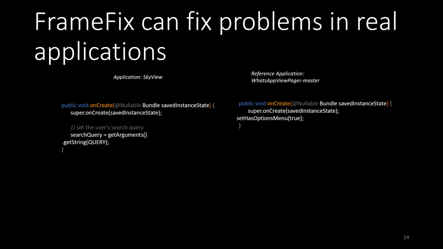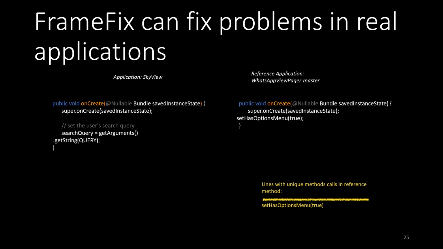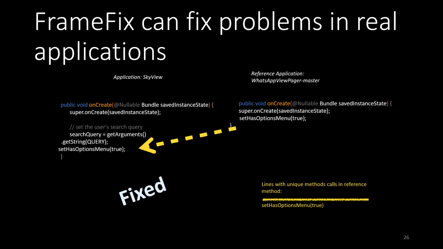It will then narrow down to the onCreate method by using the same method signature due to the inversion of control. It will then notice that the reference application contains a different method call, setHasOptionsMenu. It will then move over that new method call and add it to the original problematic application, fixing the issue.